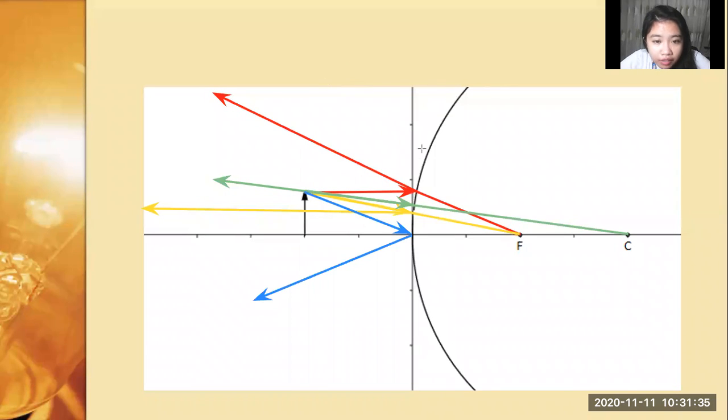So SR2 is parallel to the principal axis. It's not quite even again. There, this is as far as I can go. I think that's parallel.